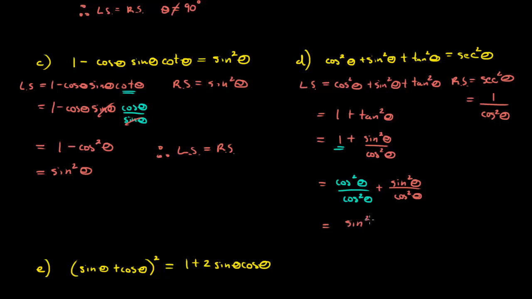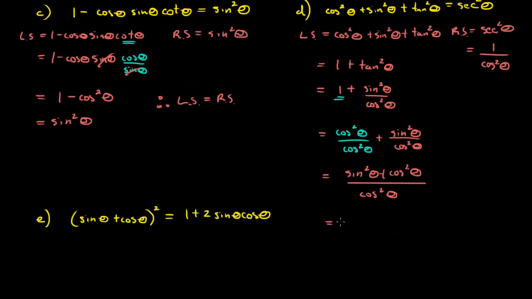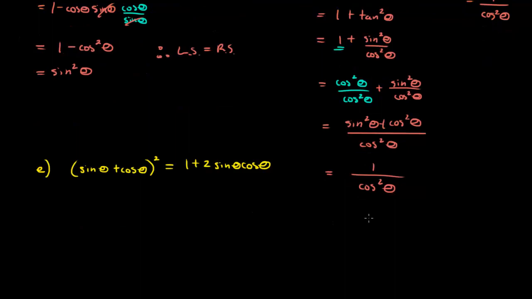I've got sine squared theta plus cos squared theta divided by cos squared theta. Now, sine squared theta plus cos squared theta is just equivalent to 1. So I have 1 over cos squared theta, which is secant squared theta. So I've shown that the left side is equal to the right side, and I've shown that this identity is true.